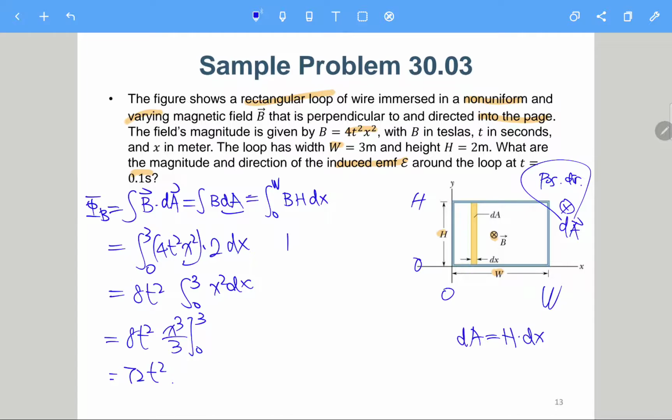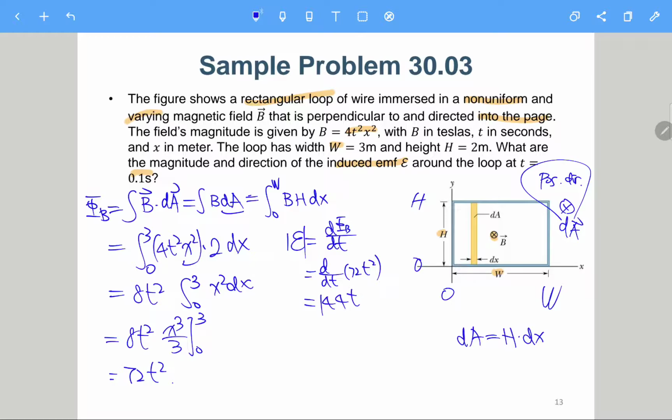So we can use Faraday's law, d phi B dt, to find the electromotive force. It is nothing but d dt of 72t squared, so it is 144t.